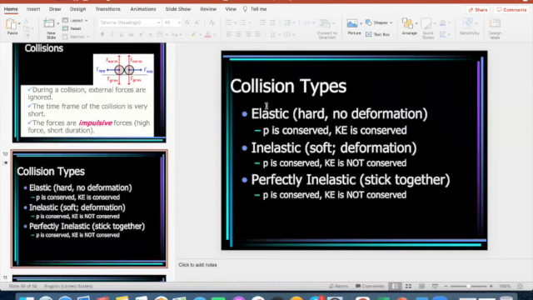All right, so these are the collision types. There are three: elastic collision, inelastic collision, and perfectly inelastic collision. During an elastic collision, the objects remain the same hardness as before the collision, so there's no change in shape to the objects.